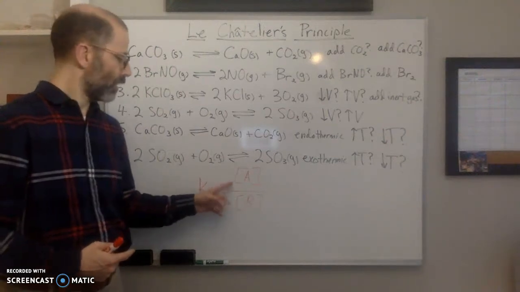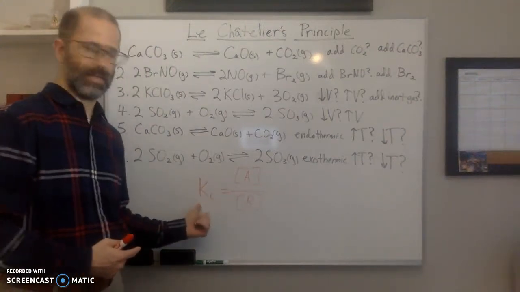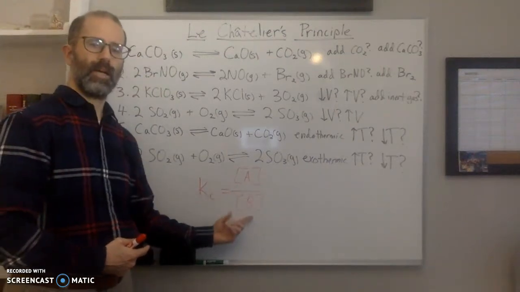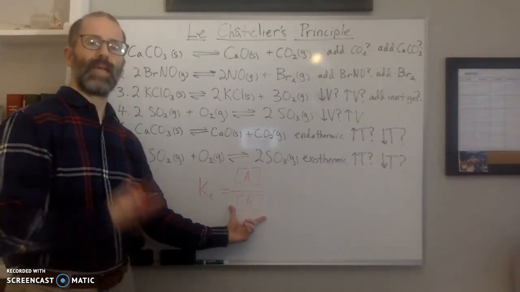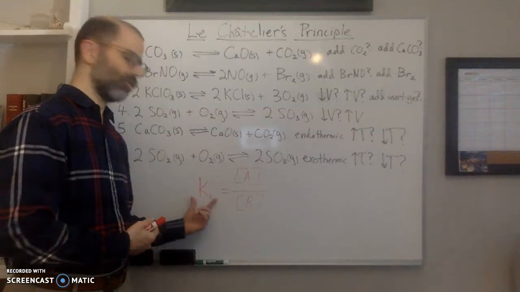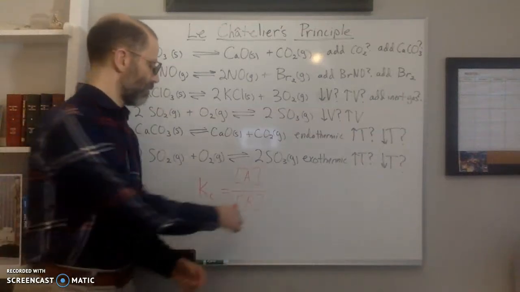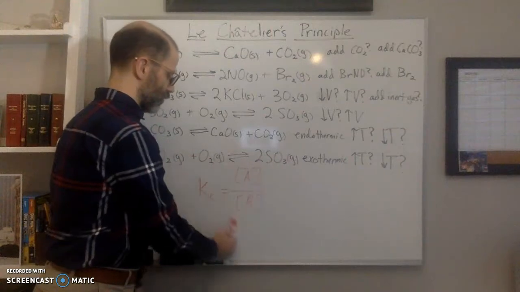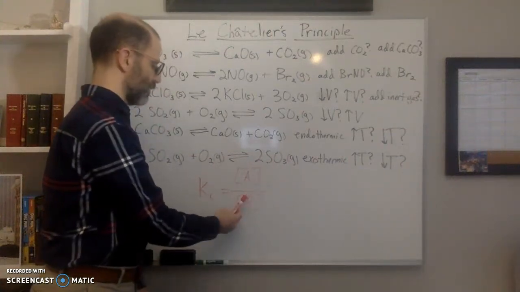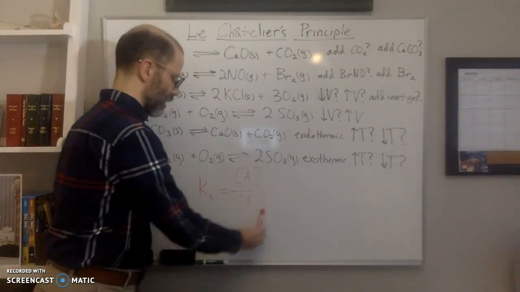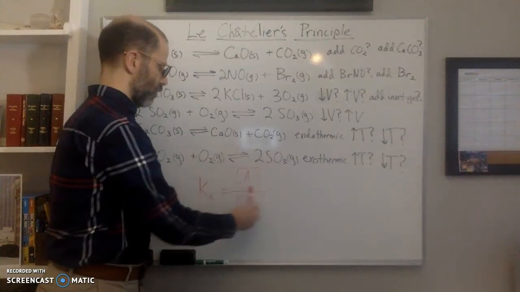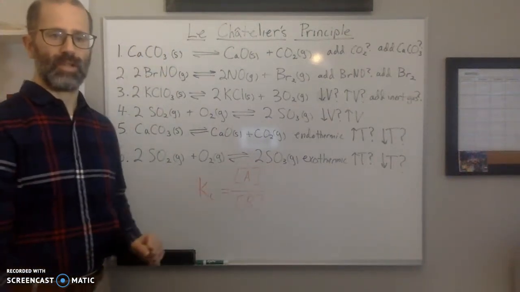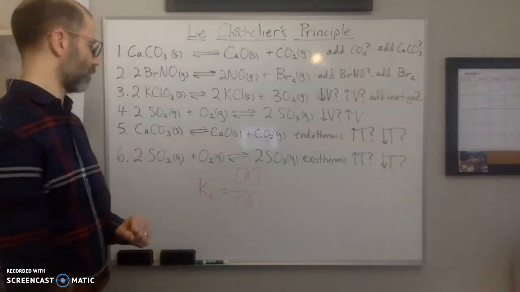In order to get back to what the K constant is, now it's too small because I increased reactant, so I need to make it larger. I need to get back to what K was. So if the ratio is smaller, I've got to decrease the denominator and increase the numerator so I can get back to what the K value is. That's another way to view this from a mathematical point of view.